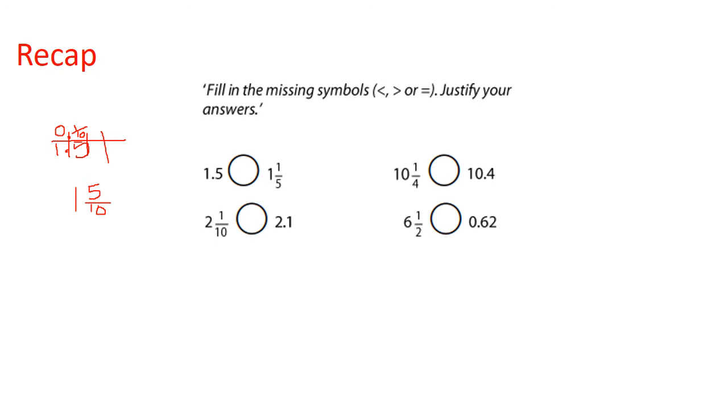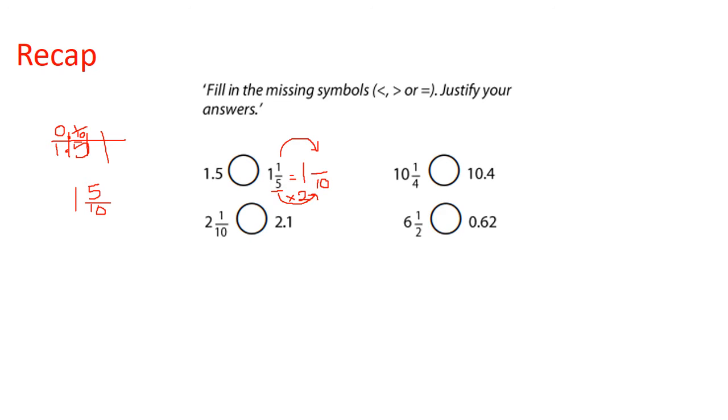But we also know that we're comparing it to a number which has a denominator of 5. And we can only compare fractions, can't we, if they've got the same denominator. So we need to make our 1 1/5 into 1 and something over 10, because then we're going to be able to compare it. Now, what do we do to 5 to get to 10? Yeah, we're going to times that by 2. And we all know what we do to the denominator, we do to the numerator.